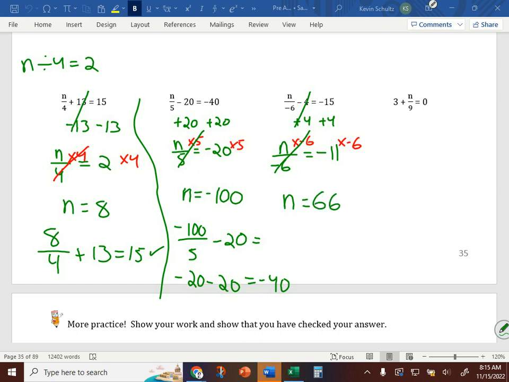Well, if we're not sure if that's right, what can we do? Check it, right? Plug 66 in for n. 66 divided by negative 6, right? Replace that n with our value. 66 divided by negative 6 is a negative 11, and negative 11 minus 4 does equal negative 15, so it checks out.